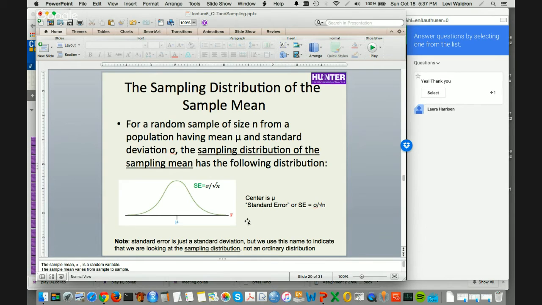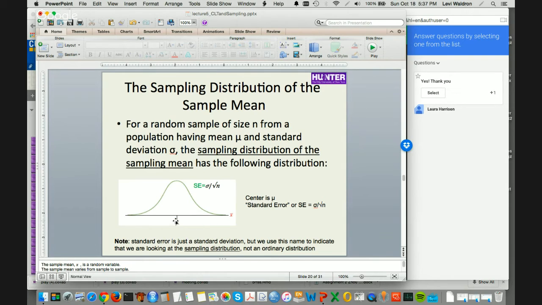For a random sample of size n from a population having mean mu, this is just a summary of the central limit theorem. This is all three of those parts of the theorem summarized on one slide. For a random sample of size n from a population with mean mu and standard deviation sigma, the sampling distribution of the sample mean has the following distribution.